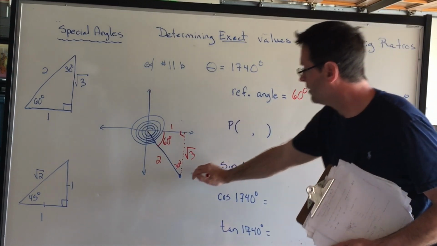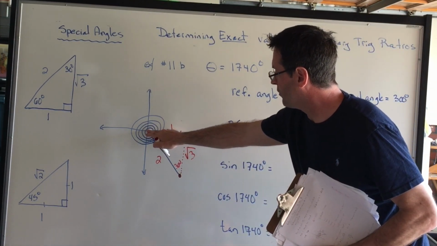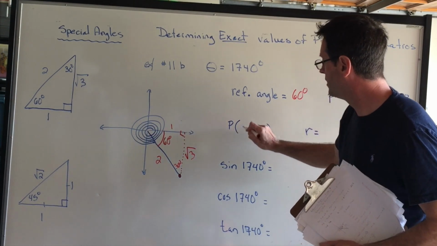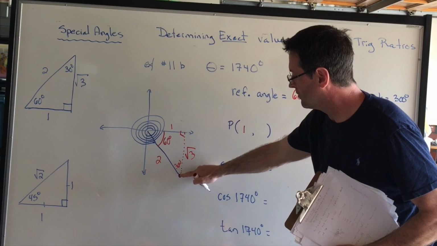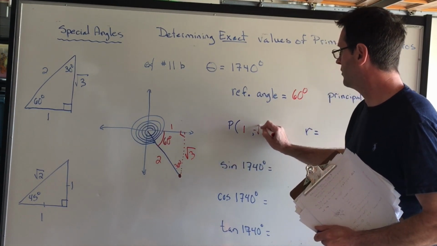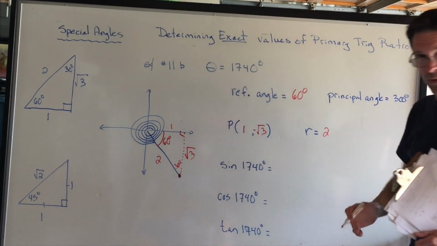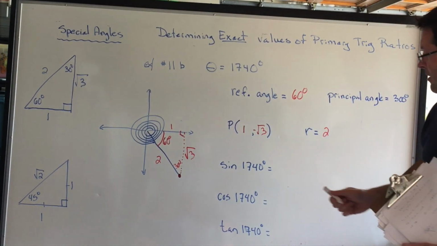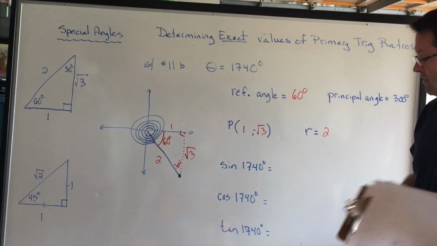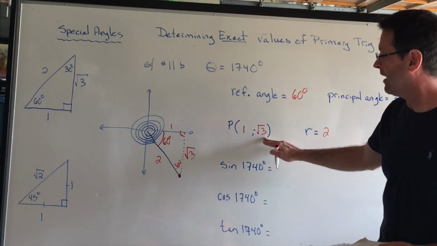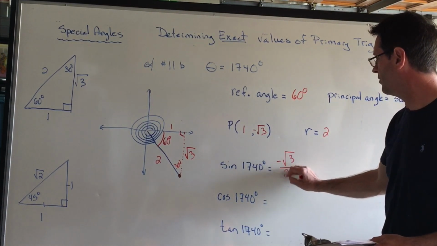Point P, this point right here on the terminal arm, we would have had to go from the origin, travel 1 unit to the right, x coordinate is 1, and root 3 units down, negative root 3. That'll be our point. And the value of r is 2. We've got all the information we need to find the sine, cosine, and tangent values. The sine, that's y over r, negative root 3 over 2.